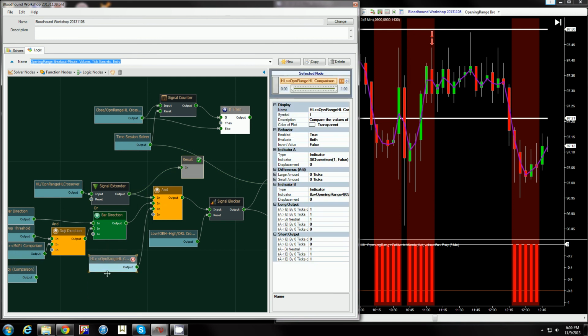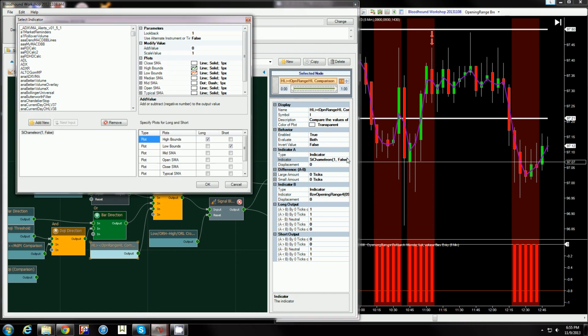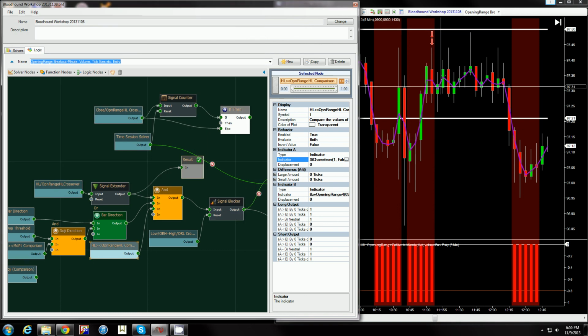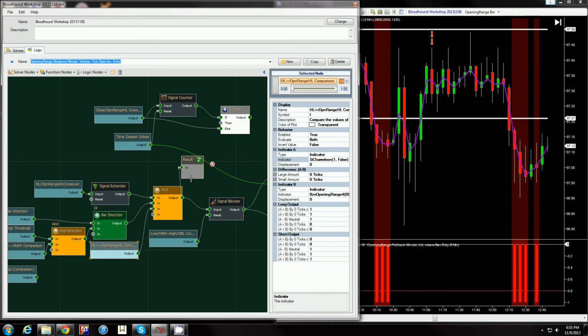If you don't want to take it, then I've added in this condition here, which says that at least the low of the bar has to be below it. So for a short, the low of the bar needs to be below the opening range low, and for a long, at least the high of the bar has to be above it. If the bar is totally back inside the range, then it will disallow that short.